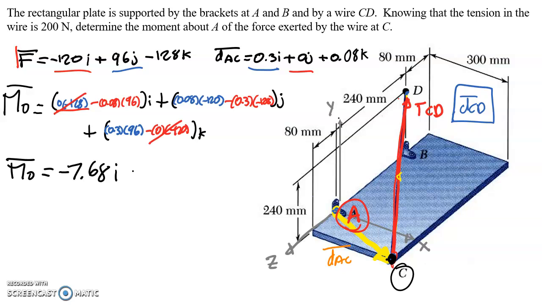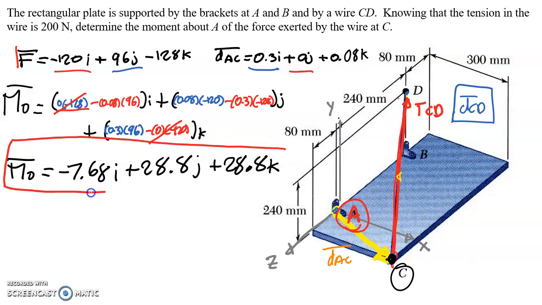It's going to deliver a positive 28.8 in J. Finally, we'll have the 0.3 times 96, giving us again 28.8 in K. So supposedly this is going to be the moment in the three different axes.